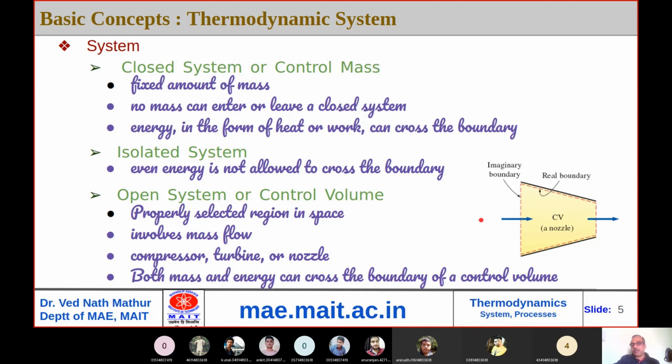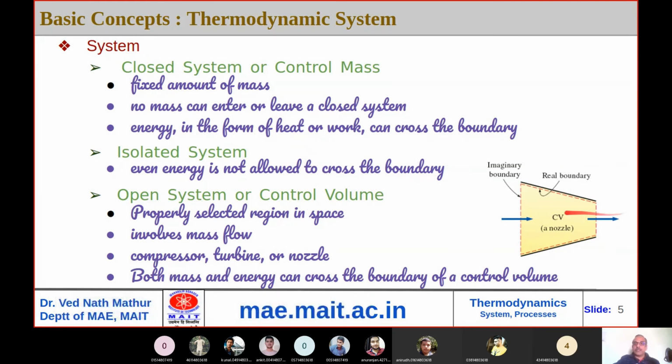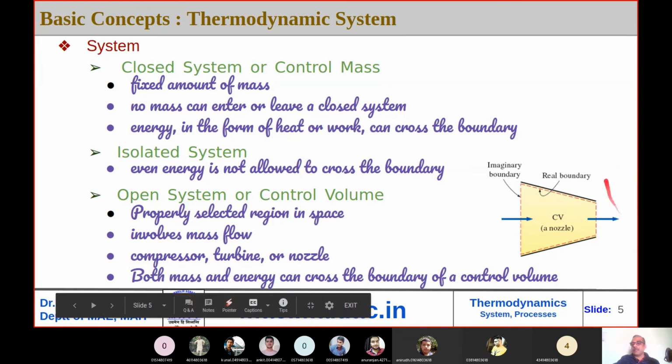When that amount of mass enters the nozzle, its velocity increases. When it moves out into the turbine, some heat transfer or work transfer takes place. So one type of study could have been movement along with this flowing mass.